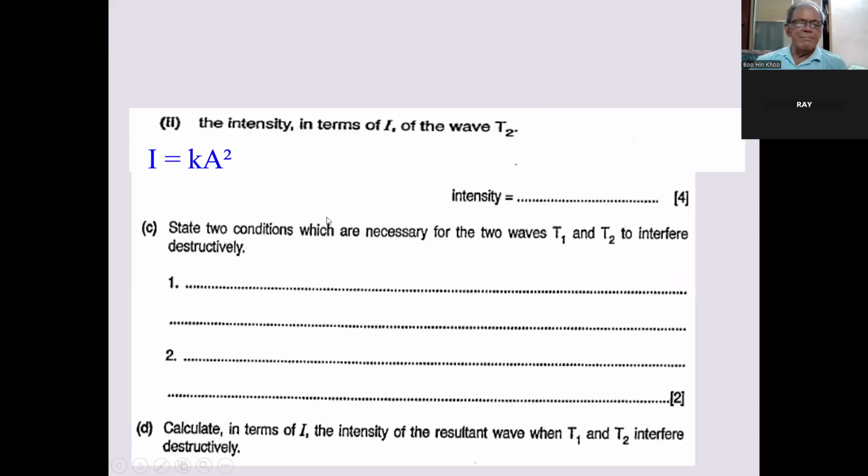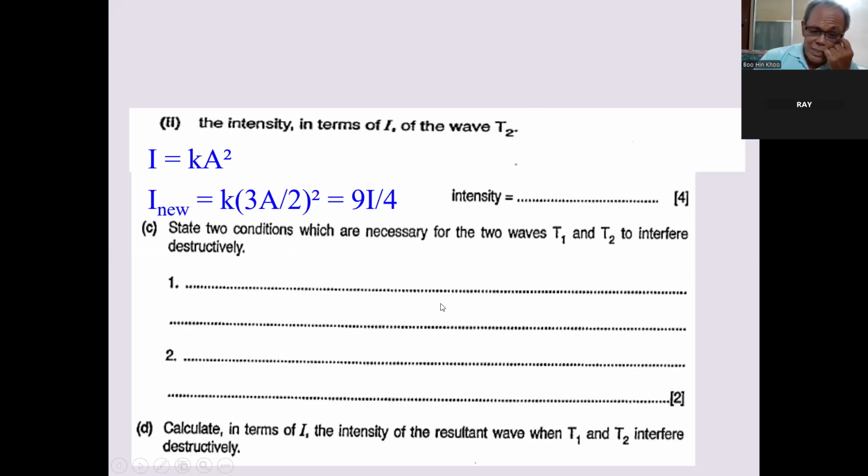Use this formula, play with the formula. That's the new amplitude. It's 9A squared over 4. So KA squared is I.